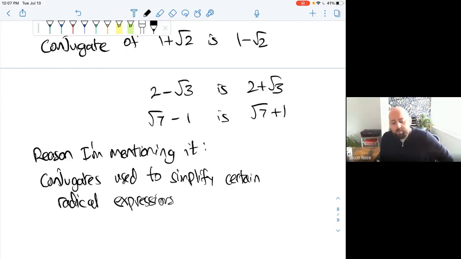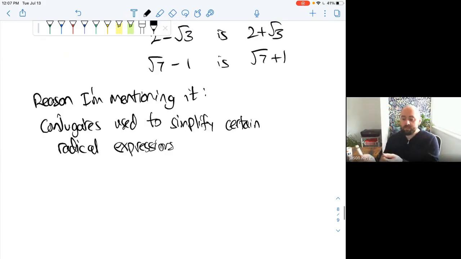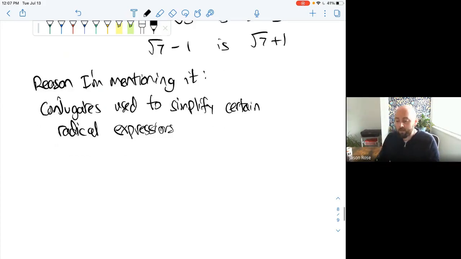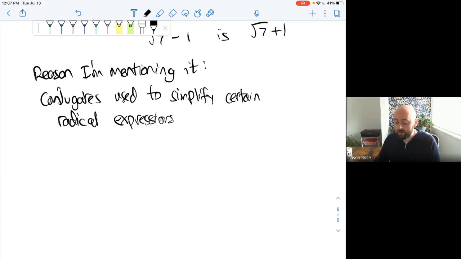So remember, we talked about removing square numbers from inside square roots. We talked about when there's a fraction inside the square root. And we also talked about when there's a square root in the denominator.